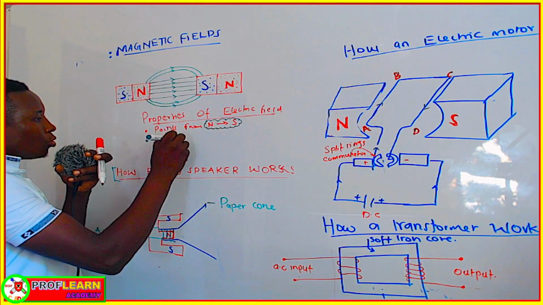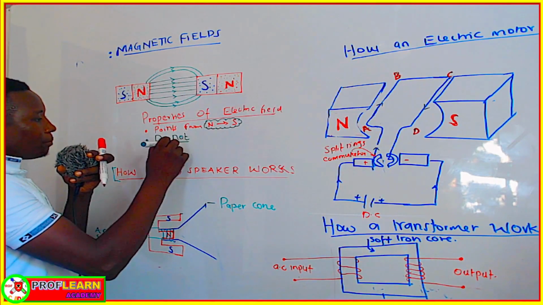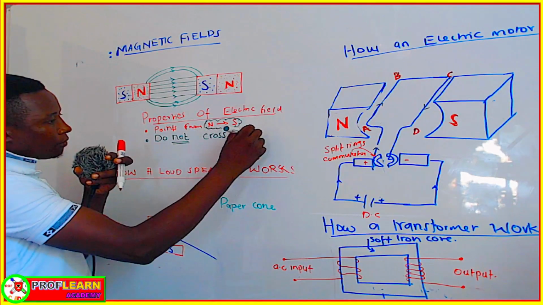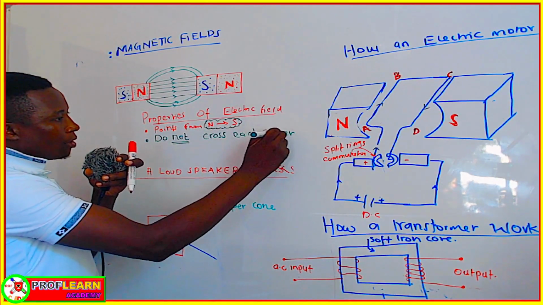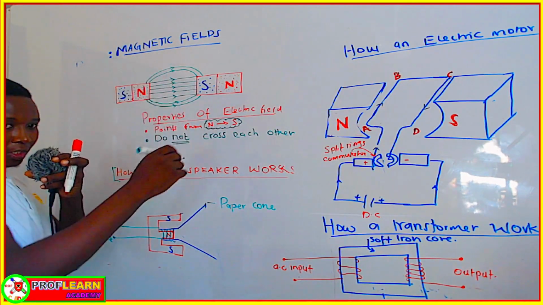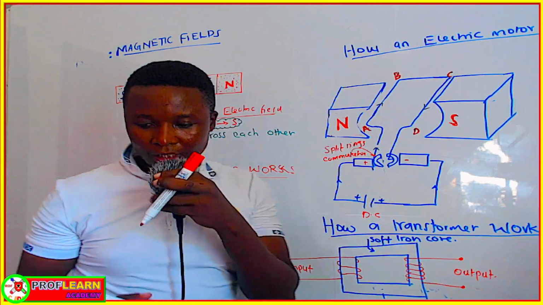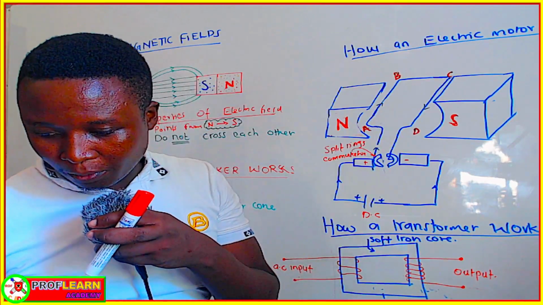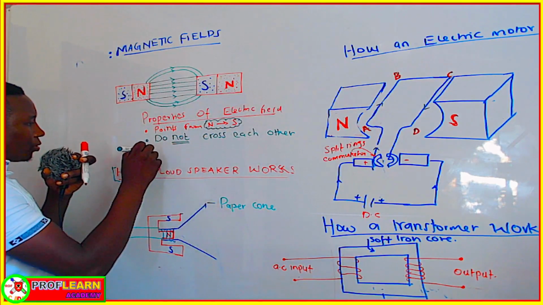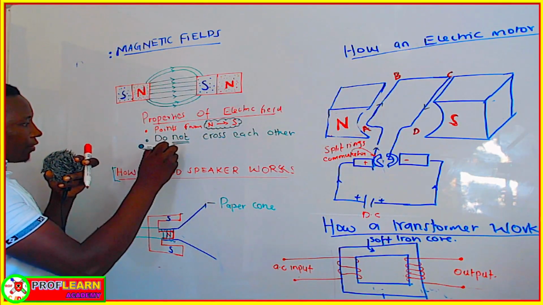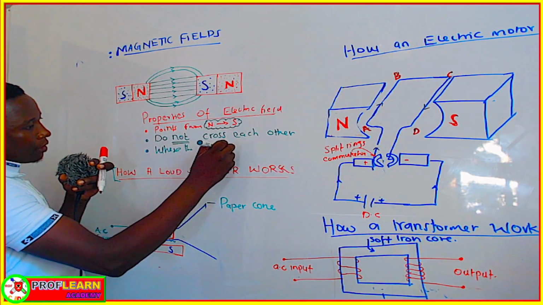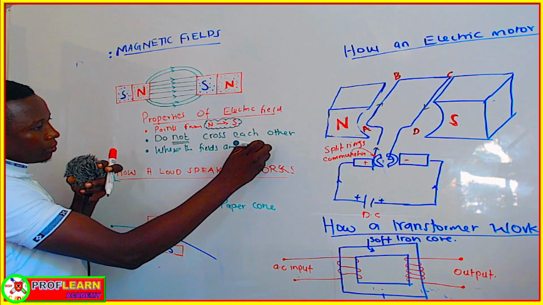Another property of magnetic fields you need to realize is that magnetic fields do not cross each other. So you need to check if there is a field moving that way and it's crossing another field. That would be very wrong as far as magnetic field properties are concerned. Next, you need to identify where the fields are strong.